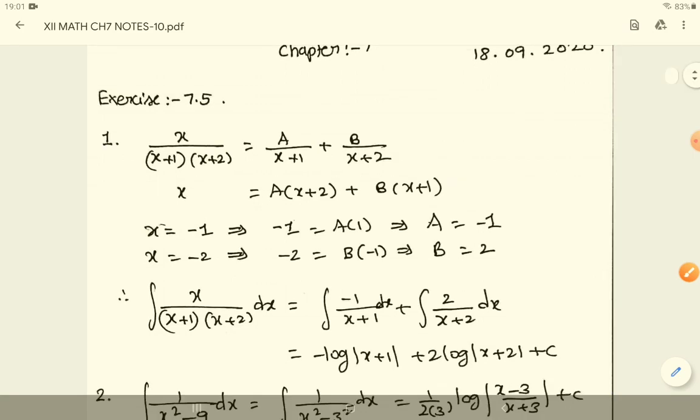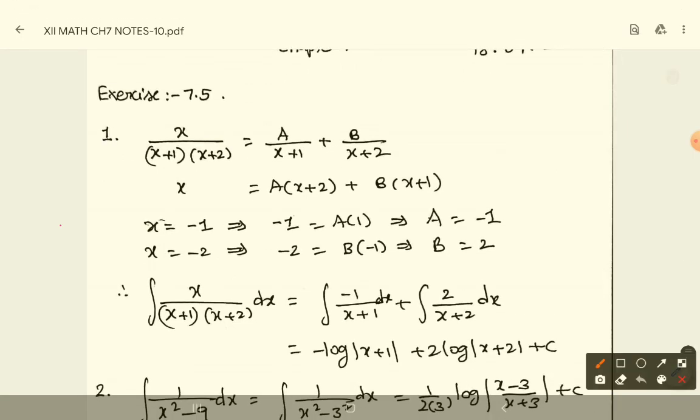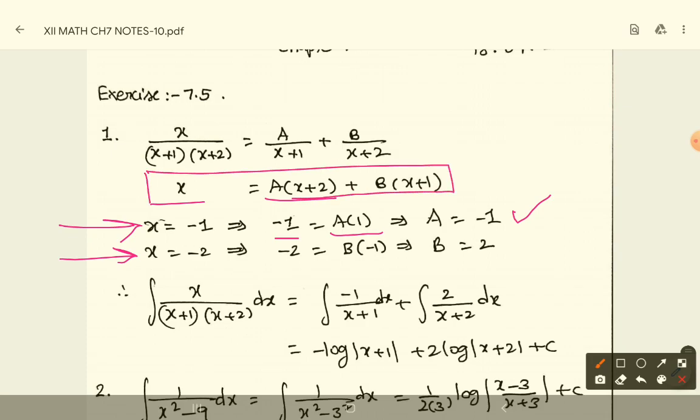By substituting x is equal to minus 1, I get minus 1, then a into (x plus 2) will be a into 1, so a is equal to minus 1. Then by substituting x is equal to minus 2, I get b. I am substituting in this expression, which is very important. In this expression we take values of x to get the values of a and b.